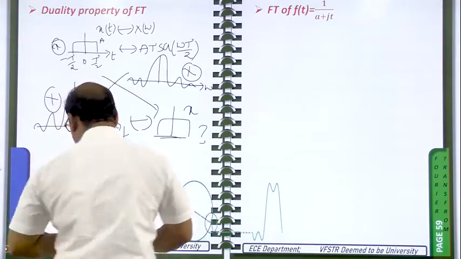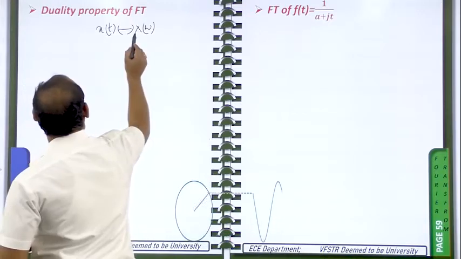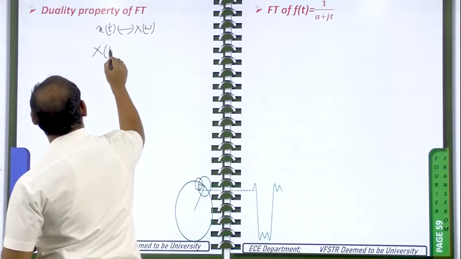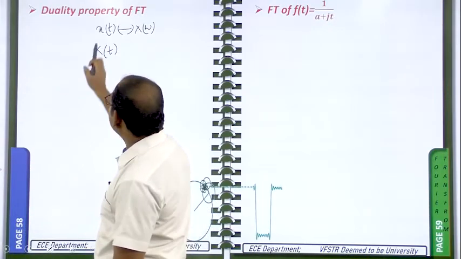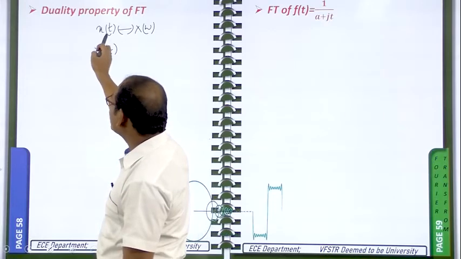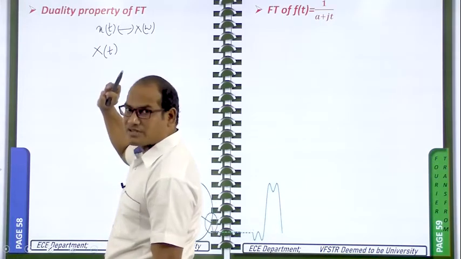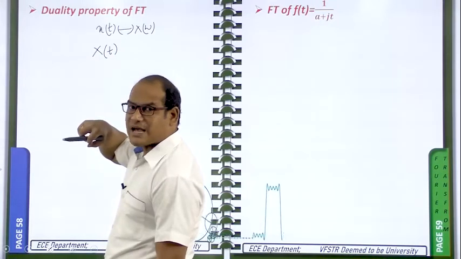So with this knowledge, now I am going to tell about this duality theorem. I am bringing this capital X to the time domain, so capital X of t, observe the independent variable. Small x of t means small x is there in the time domain. Capital X of omega means capital X is available in the frequency domain. Small x means the rectangle pulse signal, capital X is nothing but the sampling function.